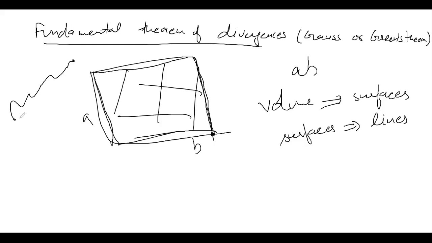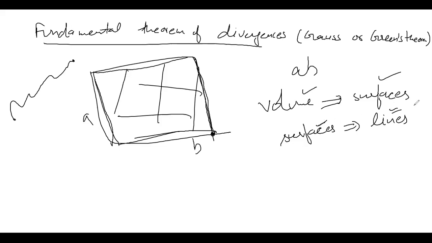So these 2 theorems that I'm going to talk about will help you in conversion of volume integral to surface integral. The first theorem, the fundamental theorem of divergences, will help you convert volume to surface integral. The second theorem will help you in conversion of surface integrals to line integrals.